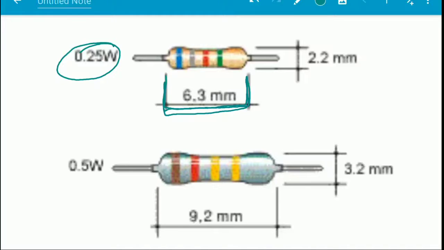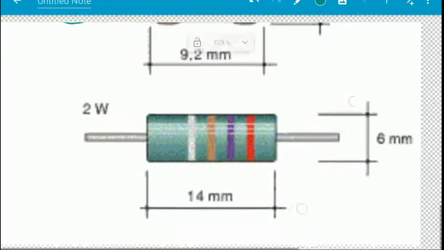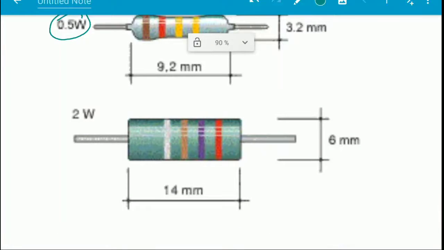In case of a half watt resistor, the diameter will be slightly larger, that is 3.2 mm, and the axial length will be slightly larger than the quarter watt resistor, that is 9.2 mm. Like this, if we consider the 2 watt resistor, this will be slightly bigger, and the diameter will be 6 mm and the axial length will be 14 mm.